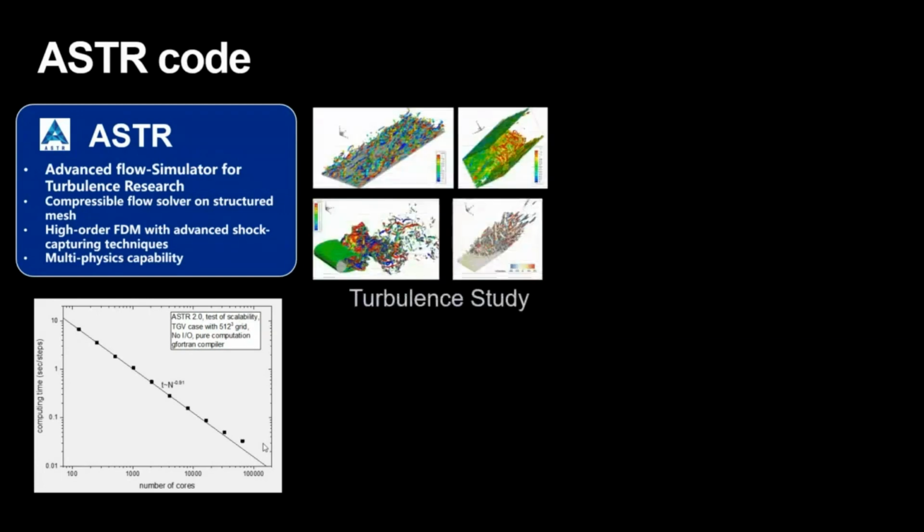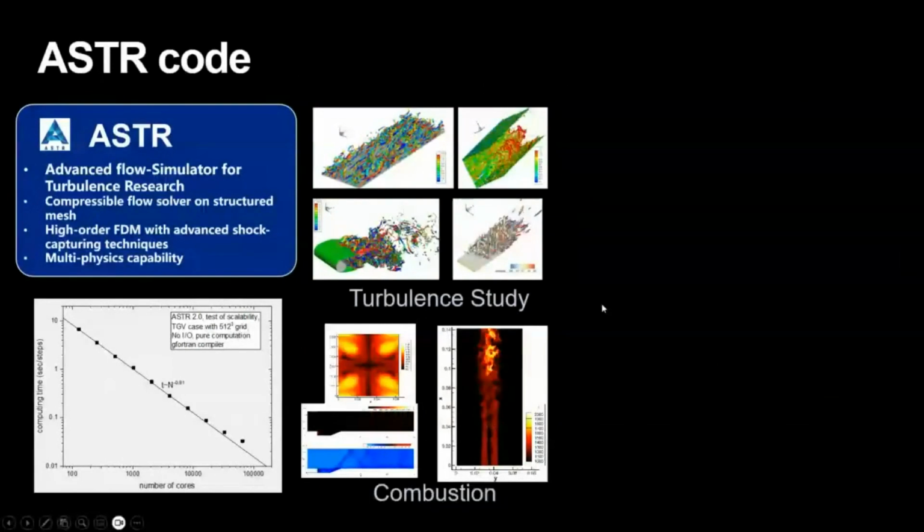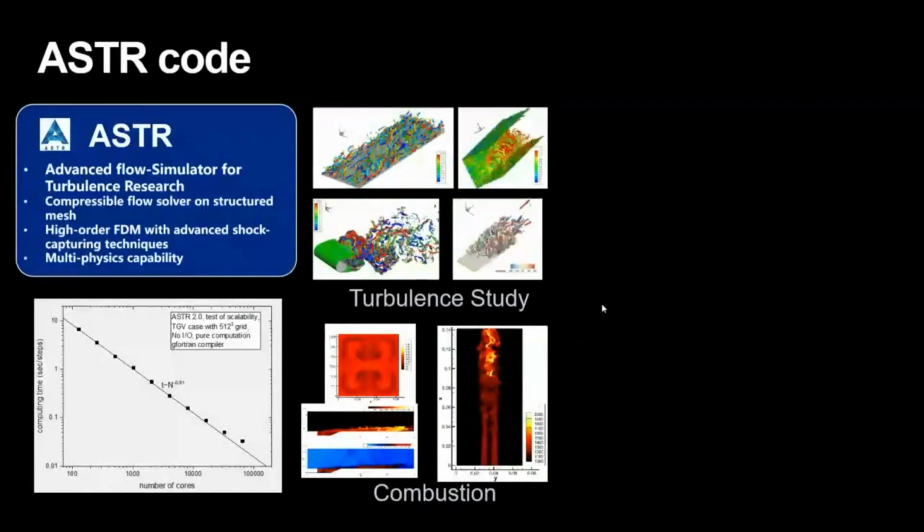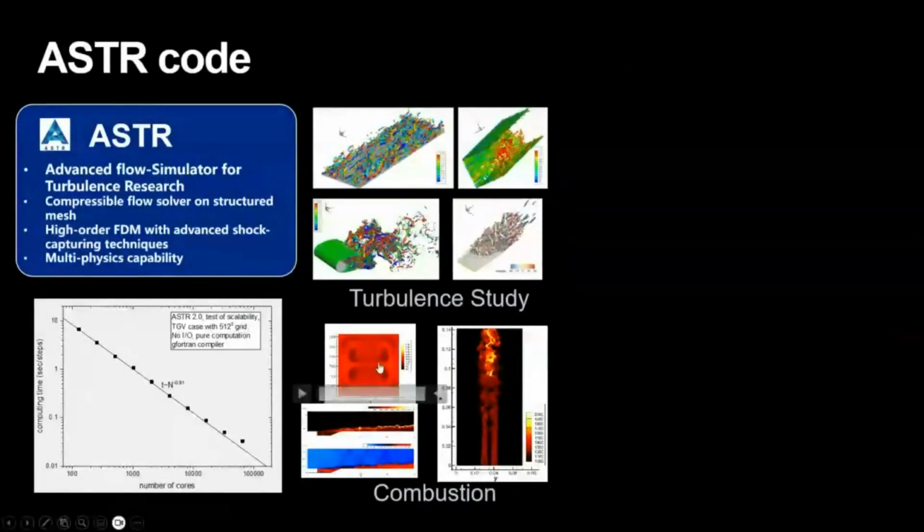We benchmarked the code, and it gives quite linear acceleration up to 100K cores. It has been widely used in different studies, such as turbulence studies like classic channel flow, cylinders, and airfoils, and also in combustion with different configurations: isotropic flow with combustion, jet flow, and even supersonic combustion.